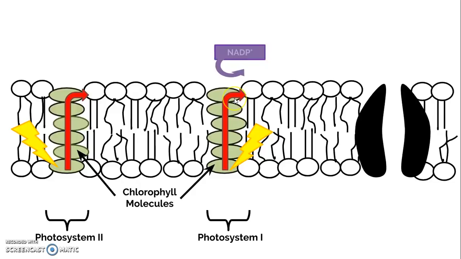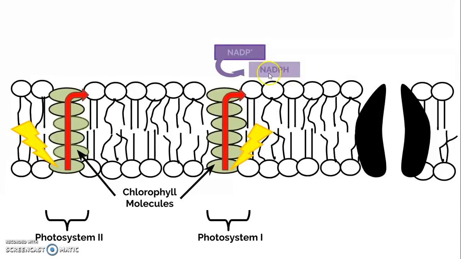Interestingly, at the end of photosystem 1, that excited electron is going to run into a carrier here that we call NADP+. And that electron carrier will couple with some free hydrogen ions that are out here, some H+, as well as those electrons, and it will become NADPH.